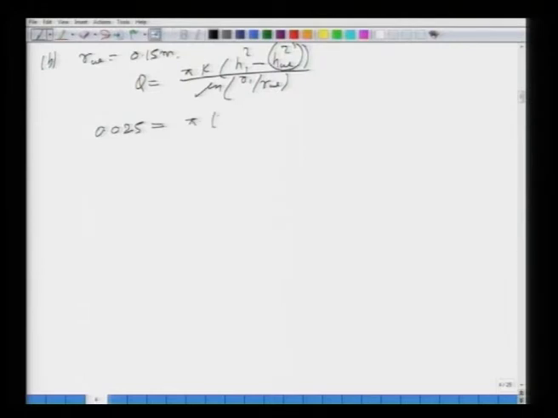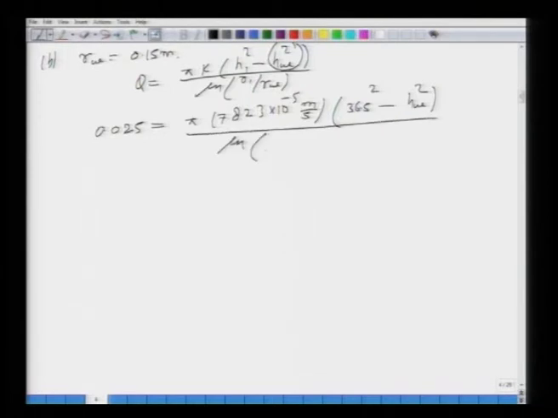Pi times the k we just found out, 7.823 times 10 to the minus 5, this is meters per second, and then you have 36.5 square minus Hw square, that is what you have to determine, divided by the natural log of R1 was 25, Rw is 0.15. Okay. So, from this equation you can calculate this easily.